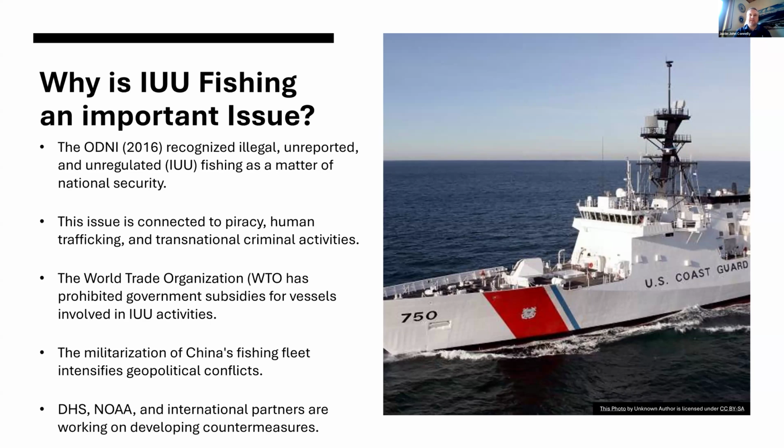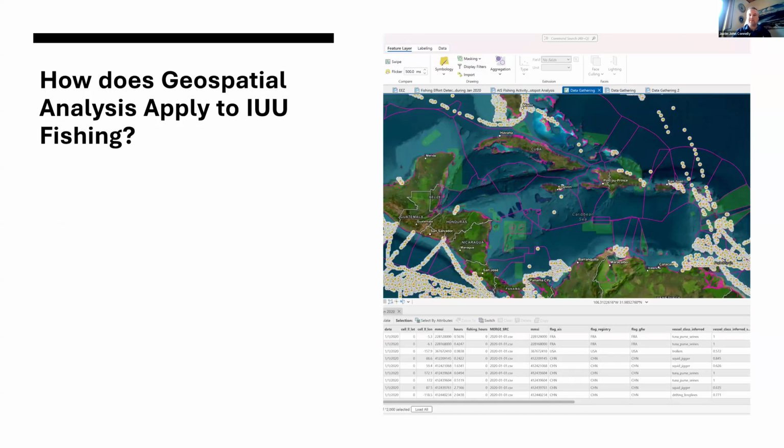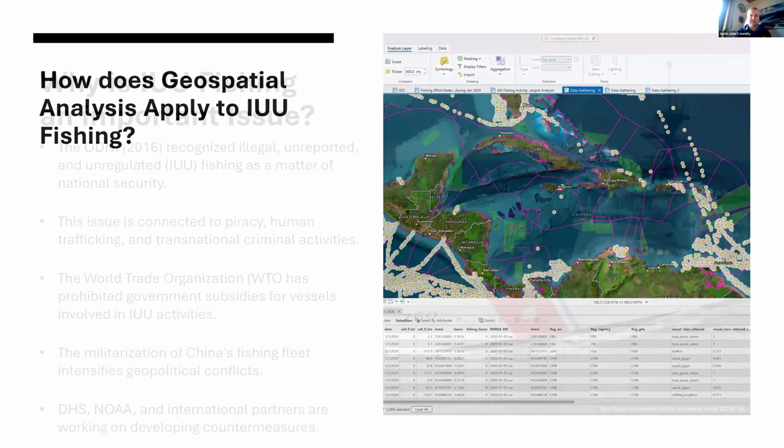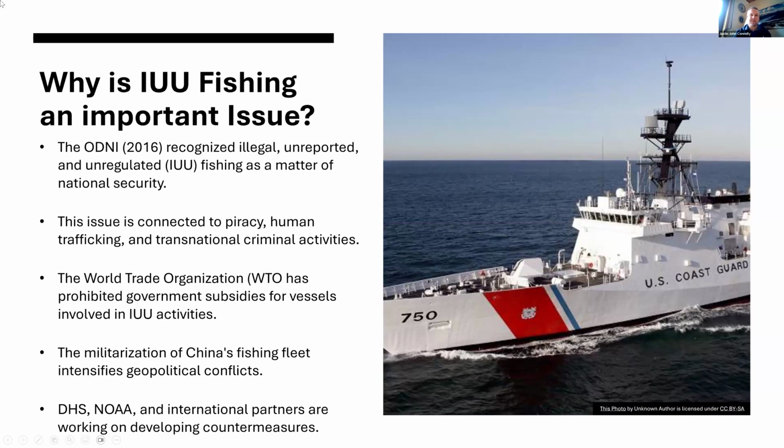The other important thing about IUU fishing, oh, my slides are automatic. Back on it. Is that there are a lot of other illicit activities tied in with IUU fishing, such as human trafficking and transnational criminal activities.